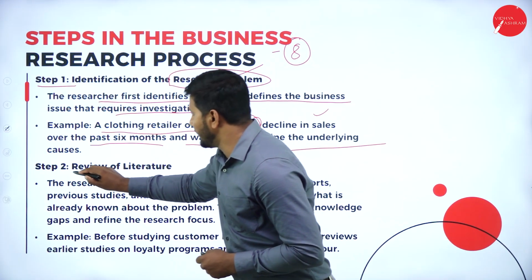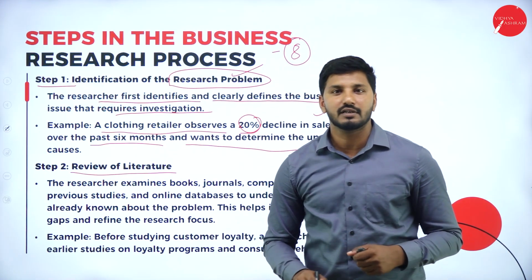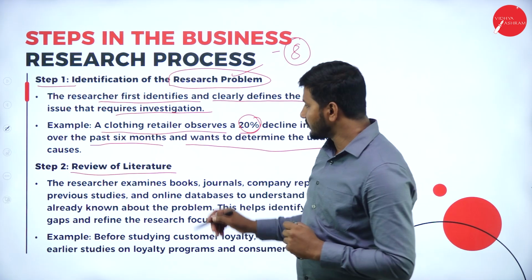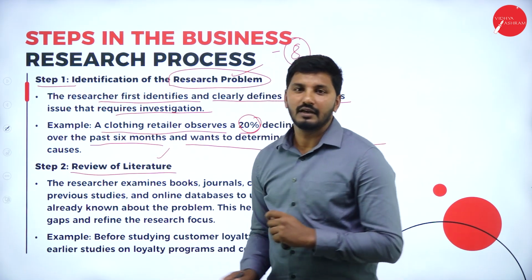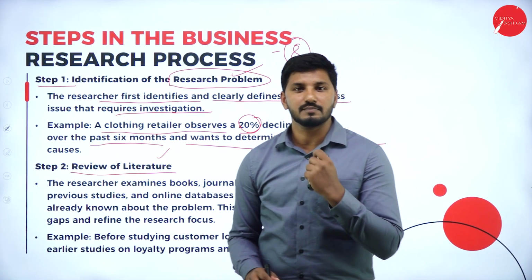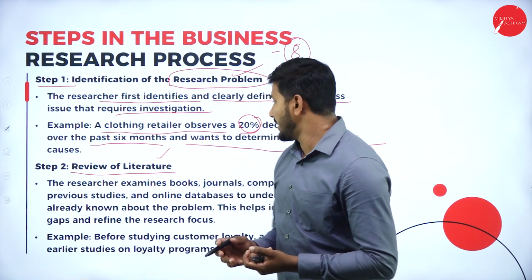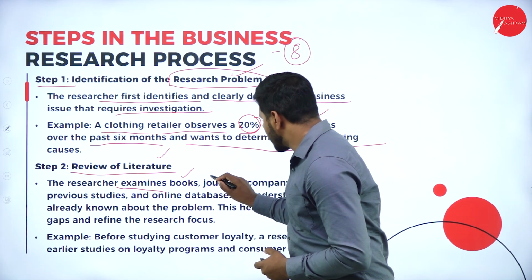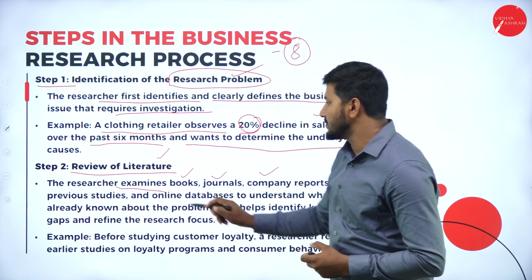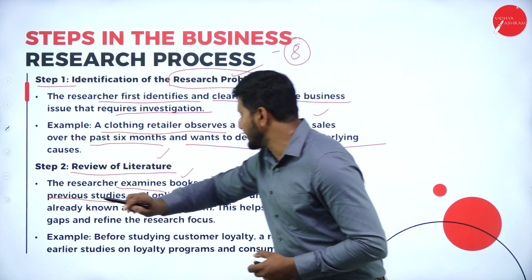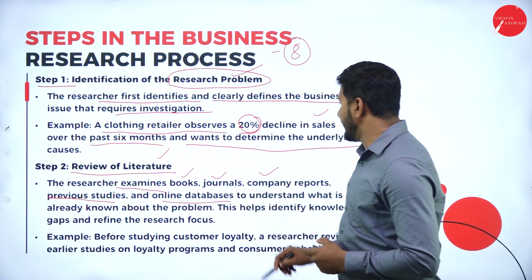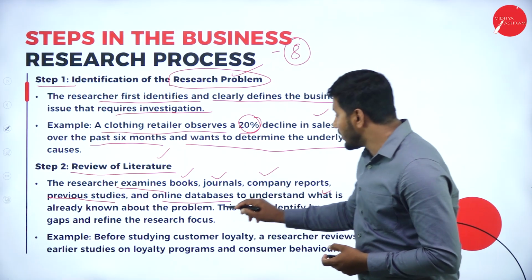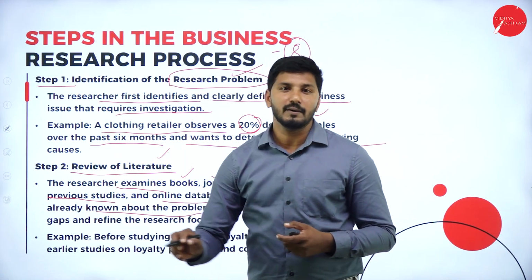So then the second one, after identifying the research problem, they have to do a review of literature. The literature is purely related to books, journals, newspapers or data. So they have to examine the books, journals, company reports or any kind of previous studies, along with any online database, to understand what is already known about the problem.